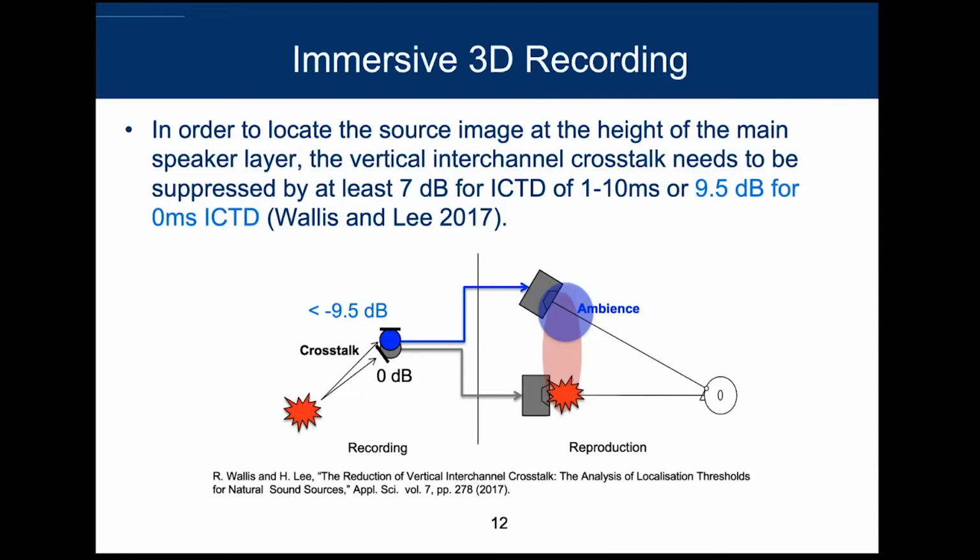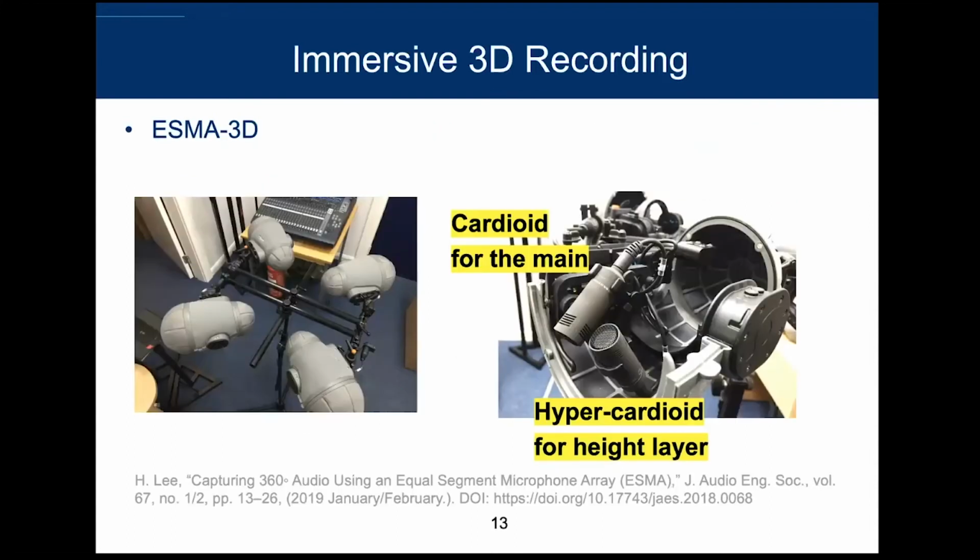That also means you don't need much spacing. So that brought this design concept, the ESMA 50 by 50 square. Within this Rycote Cyclone windshield, you can use this vertically oriented XY configuration: cardioid for the main and supercardioid for the height.